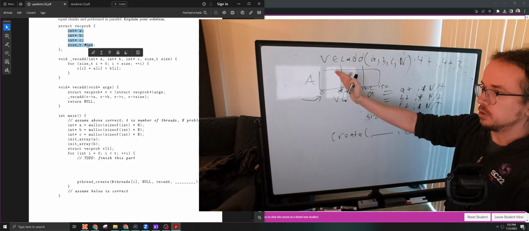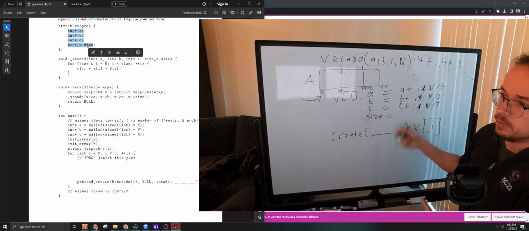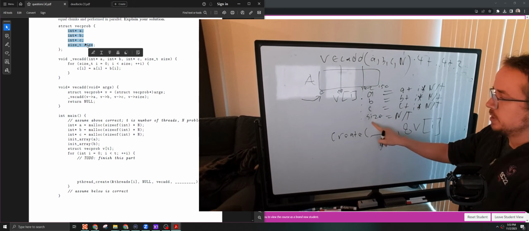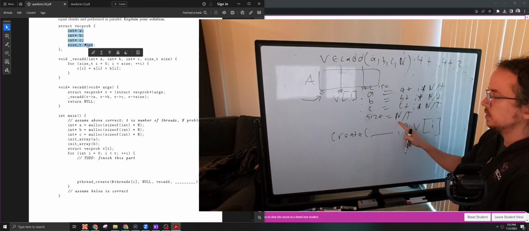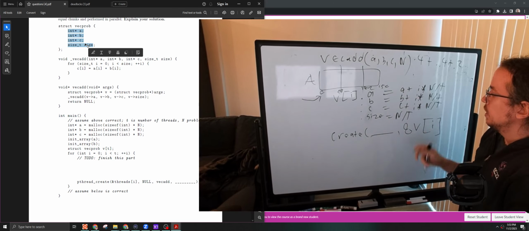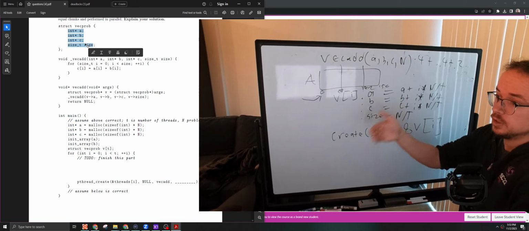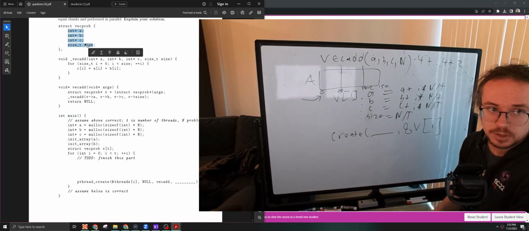This maps to your array. This tells each thread to only do a third or a fourth or a fifth of the work. We want to make sure we tell the size too. Not only do we want to start in the right place, we want to end in the right place. And so the size tells us where to end, or it tells us how many elements to go after the starting point. So that's the solution to this one.